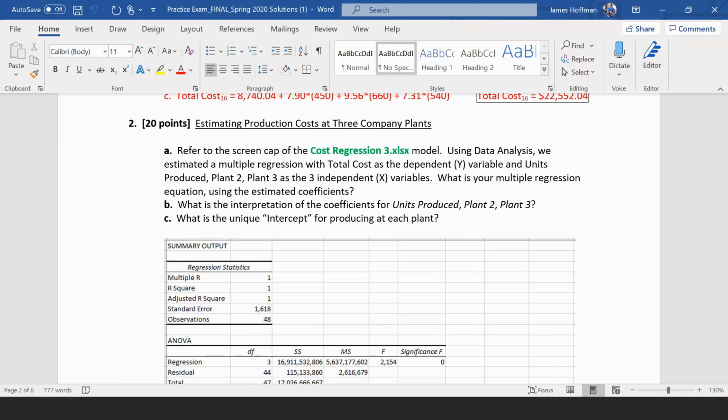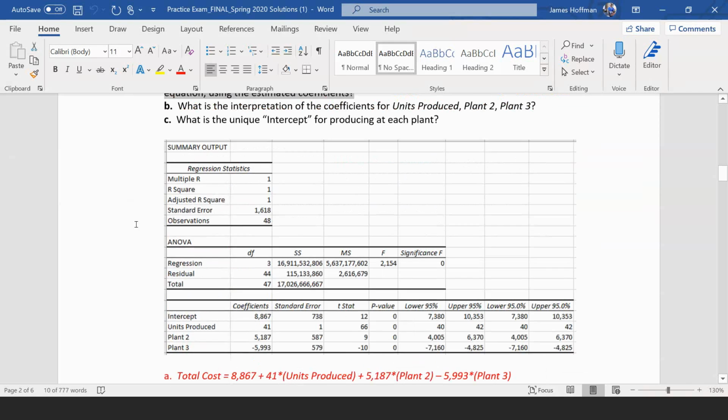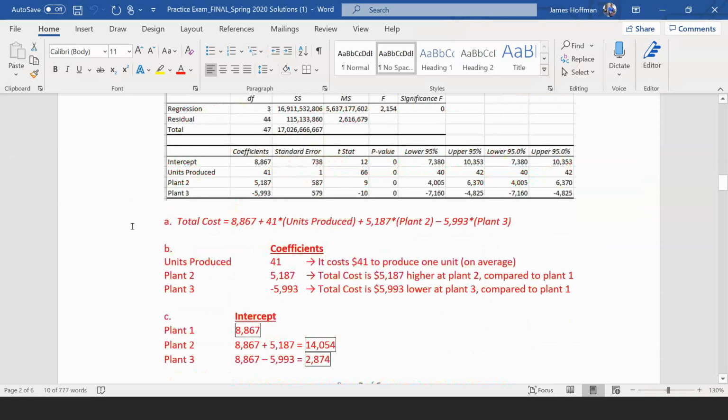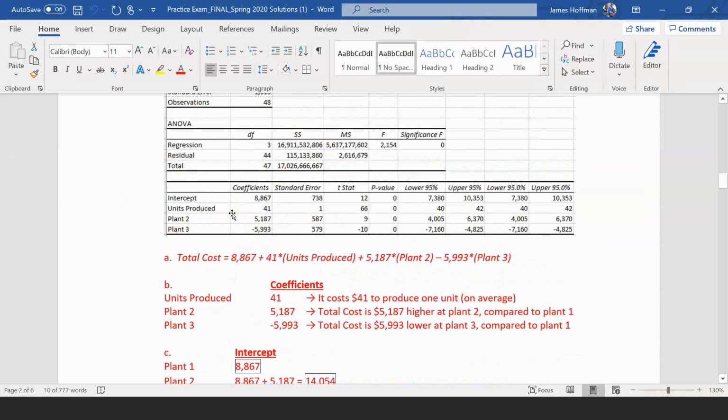Okay, so what is our equation with the coefficients? That's the first part. All right, so there's your coefficients. Just put those into your general form, showing the effect of the x variables on total cost.